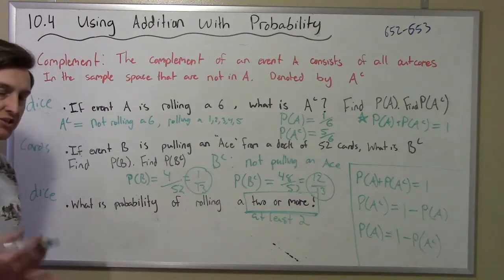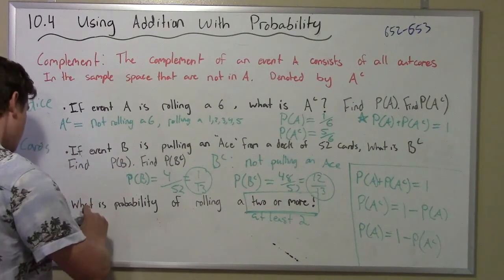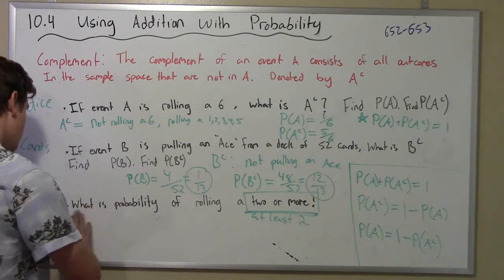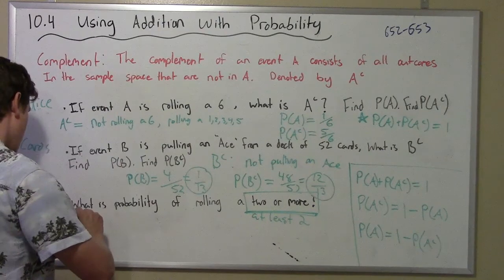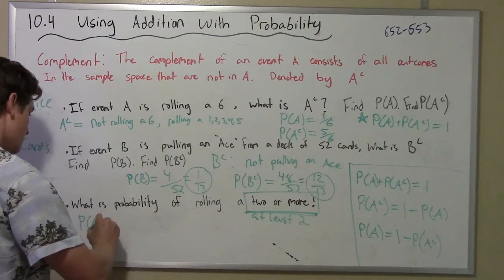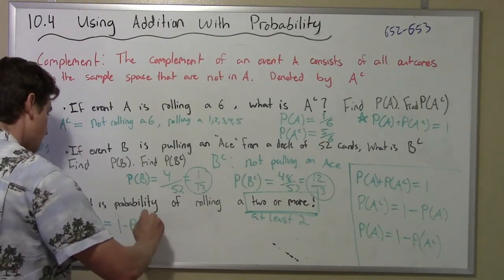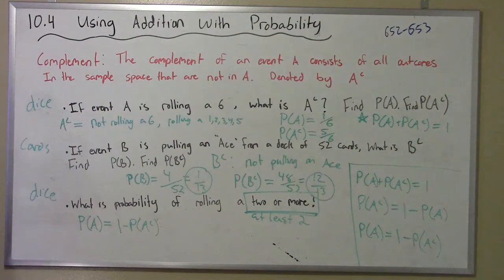Okay? So let's actually do it two different ways. If I want the probability of A, why don't I just do 1 minus the probability of its complement? That might be a little bit easier.